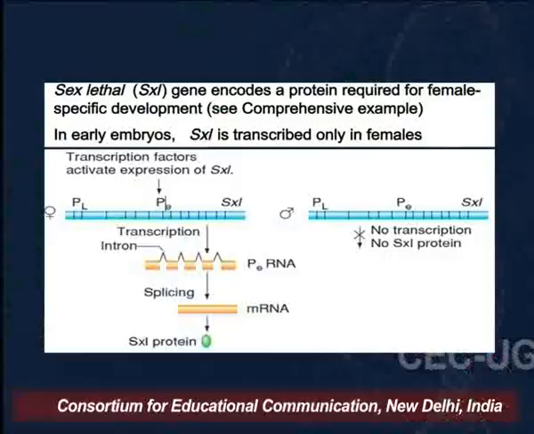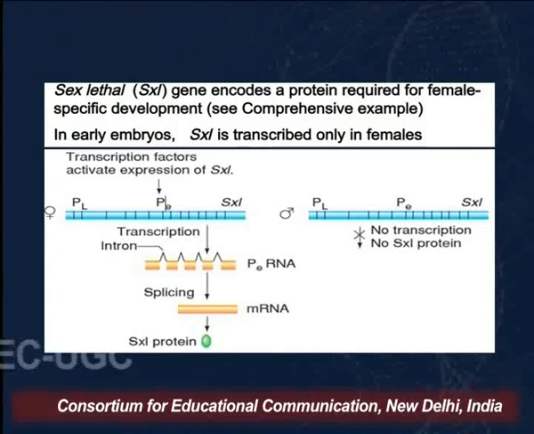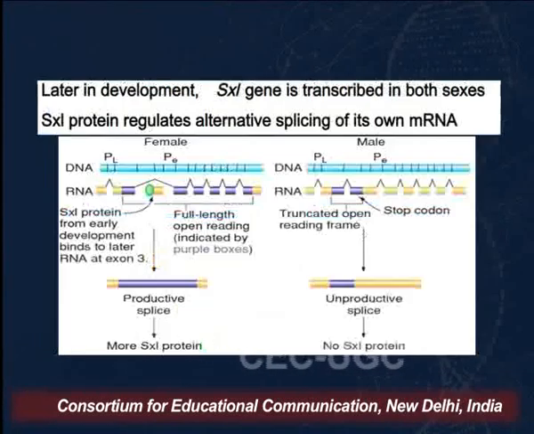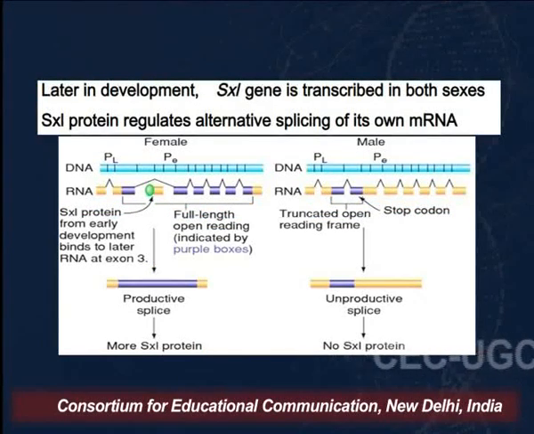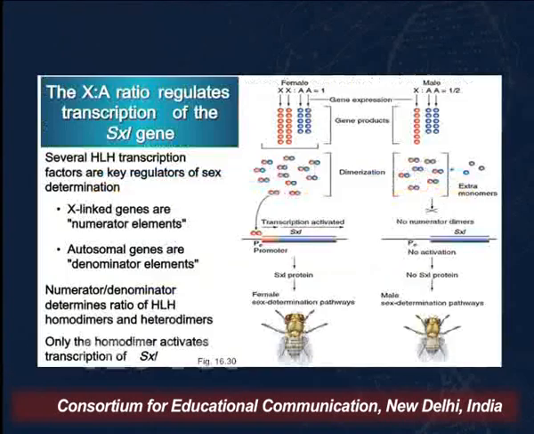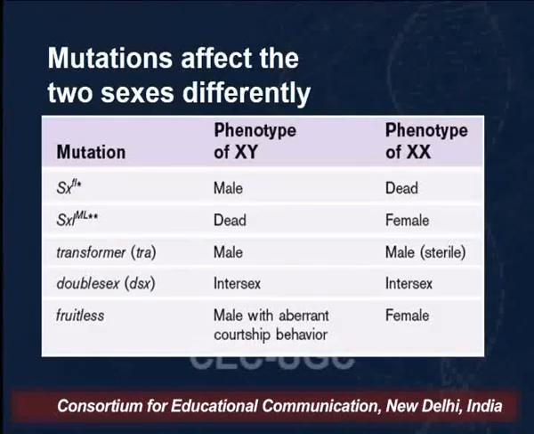And as you can see on your screens, the splicing of SXL, which is transcribed only in the females, is depicted, and so is the SXL protein regulation of alternative splicing of its own mRNA. So as a result, we would find that the X by A ratio actually regulates the transcription of the SXL gene, which is the master gene itself.